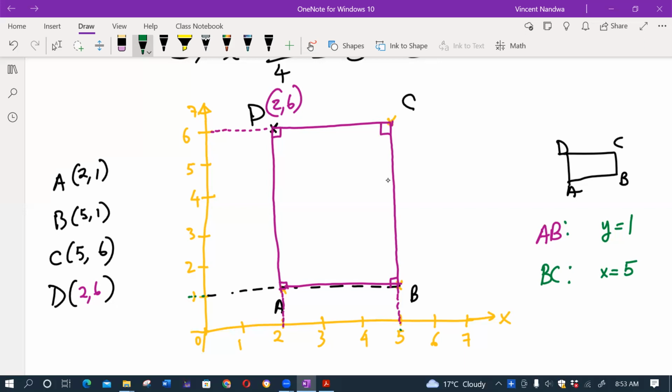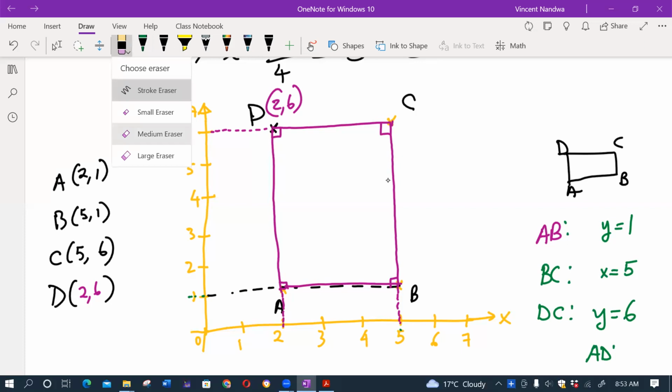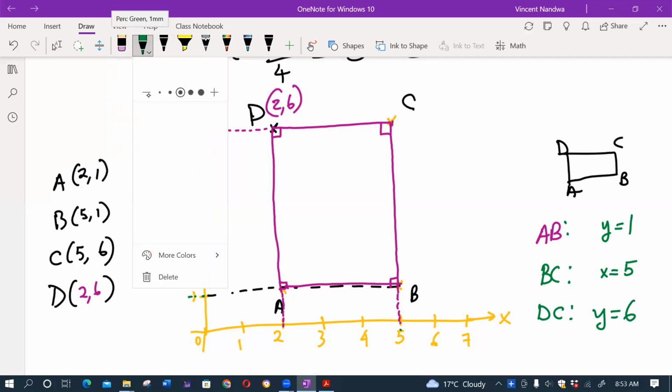Similarly, line segment DC, which is a horizontal line through y at 6, will be given by y equals 6. And AD is a vertical line through 2 on the x-axis. So the equation for AD will be x equals 2.